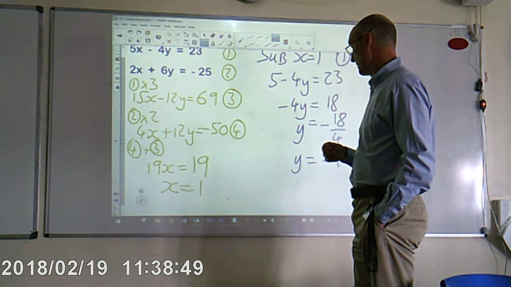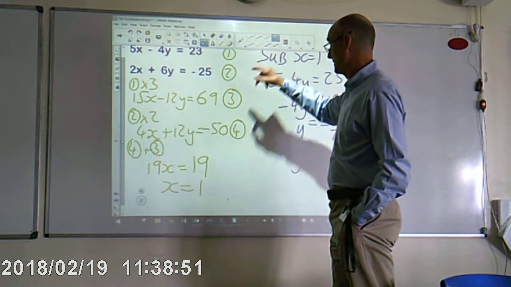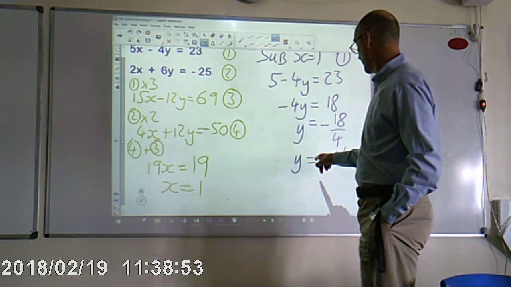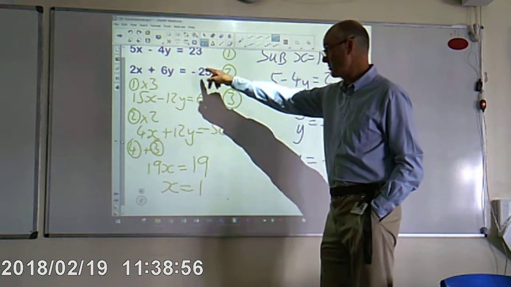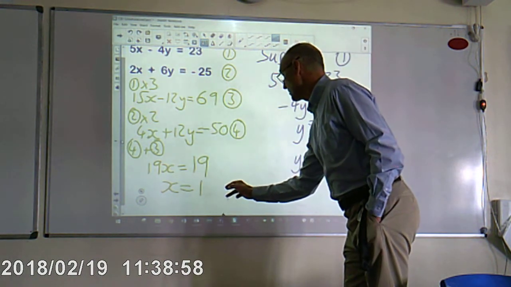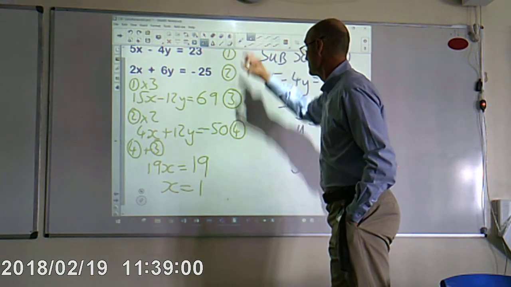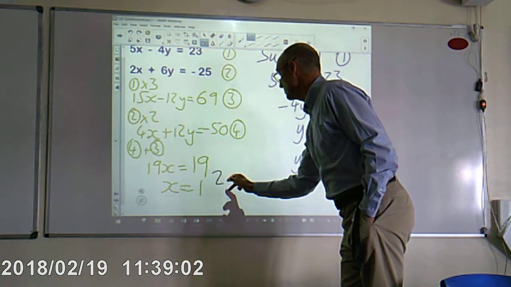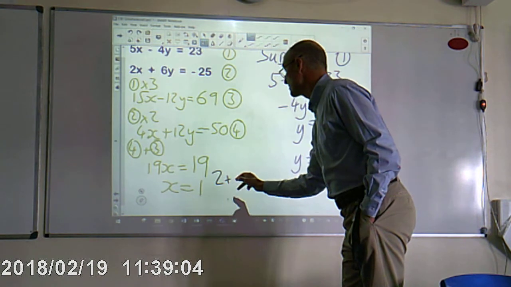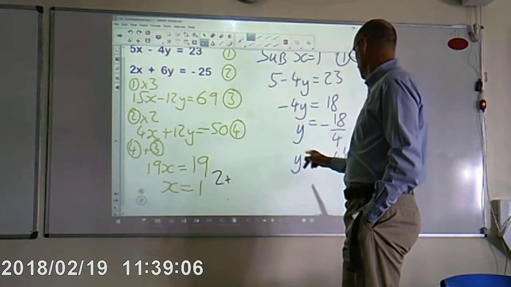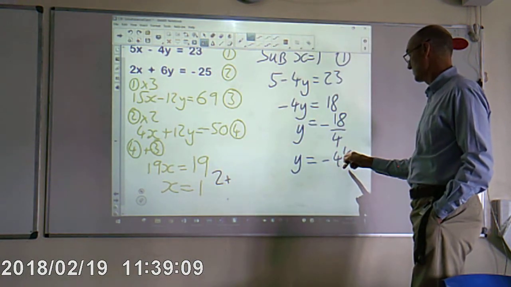So let's have a little look at that. Let's substitute those two values, x equals 1 and y equals minus 4.5, back into equation 2. So that would be, let's change the colour, 2 plus 6 times 4.5.